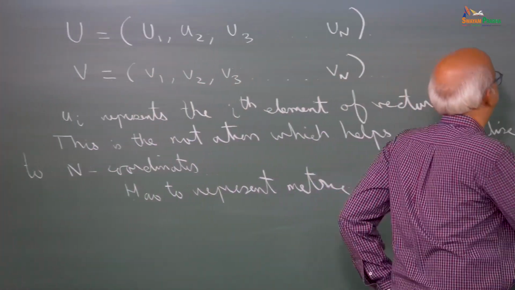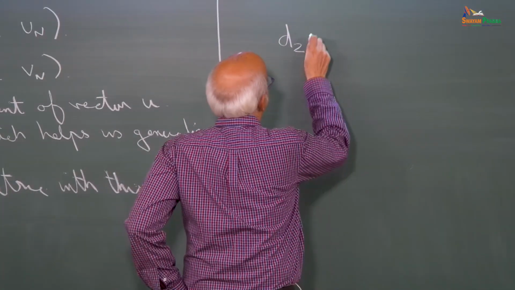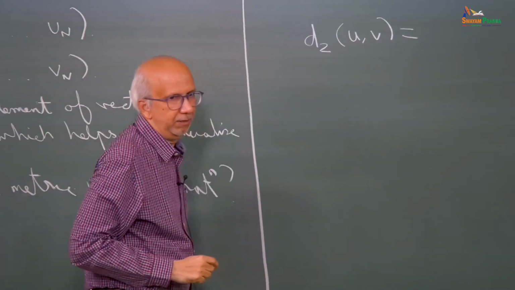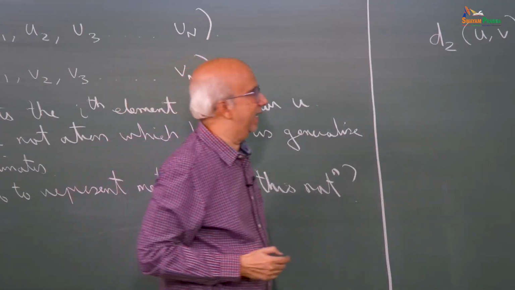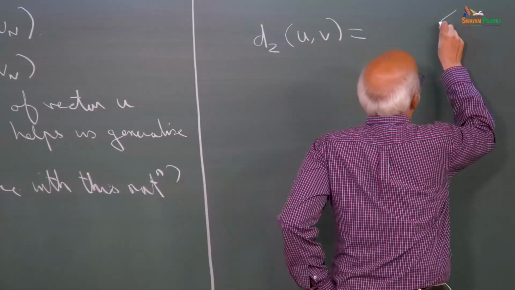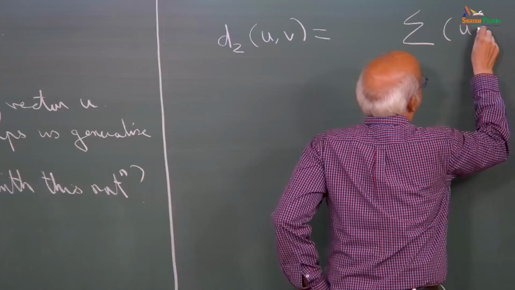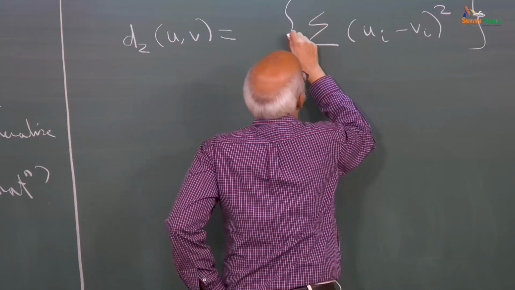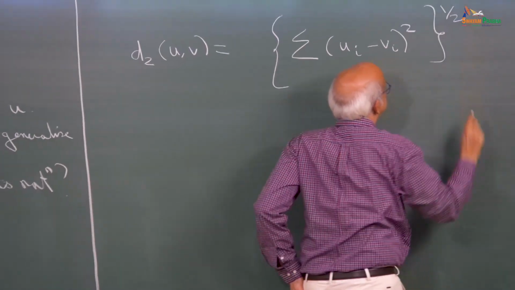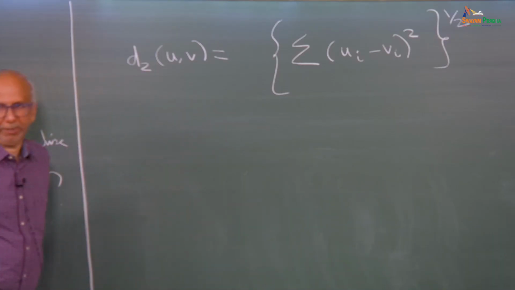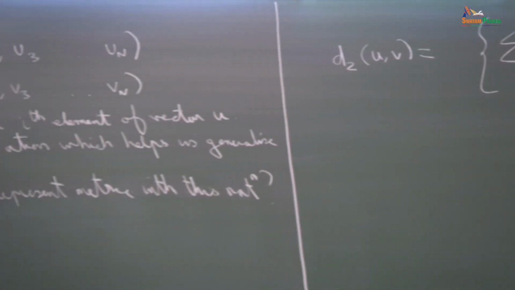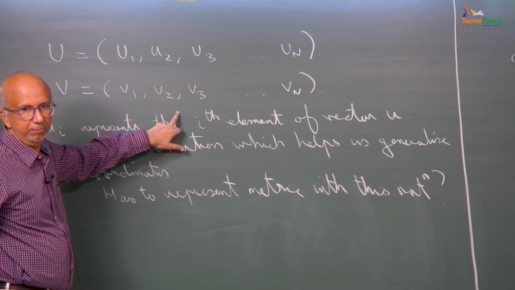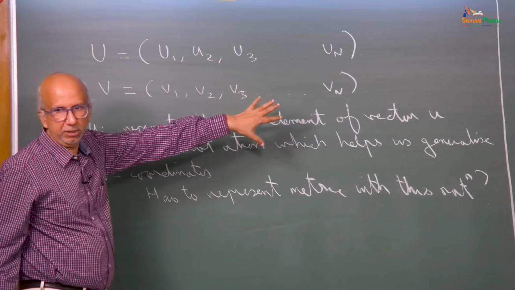So, one possible definition which we saw yesterday, the D2 metric, I think this is D2 metric, I can write it compactly as sigma ui minus vi squared to the power half. Okay. So, take the first coordinate of this, subtract, square, add it to second coordinate minus second coordinate squared, and so on and so forth.